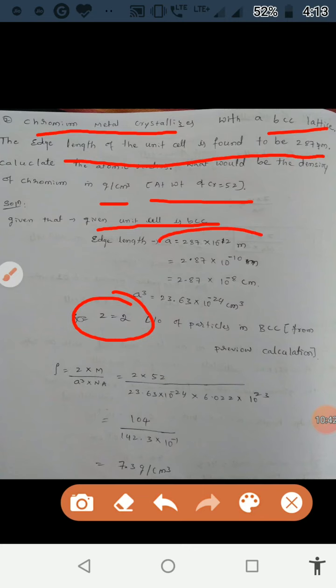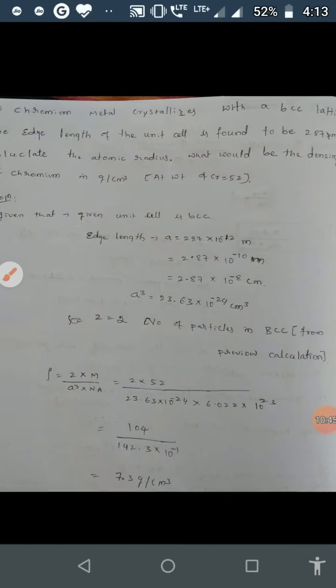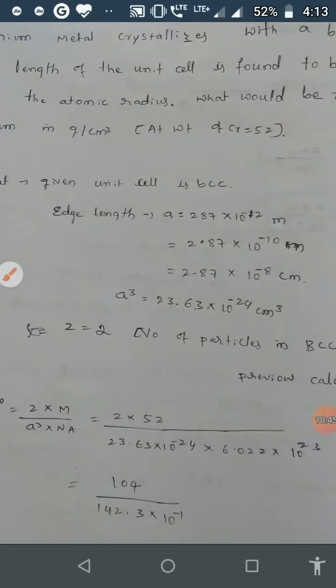That means a is equal to 287 into 10 to the power of minus 12 meter.